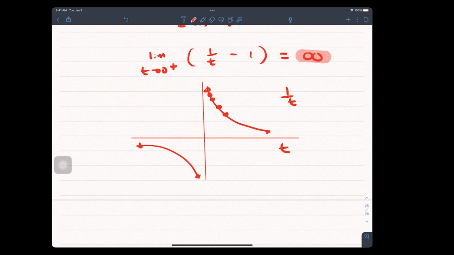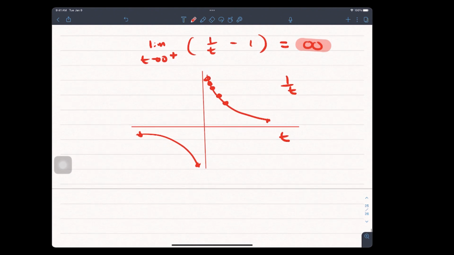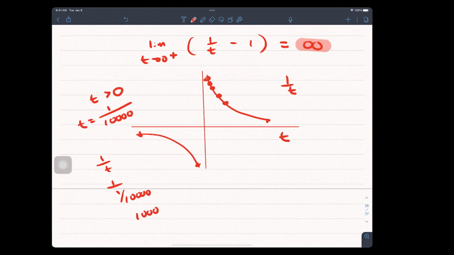And that's that limit. Now, sometimes I got to say this to you guys numerically. t going to 0 from the right means t is positive, okay? And t is getting very small. So you can think of t as a small number, like 1 over 10,000, okay? What's the reciprocal? Doing the arithmetic makes that very what?